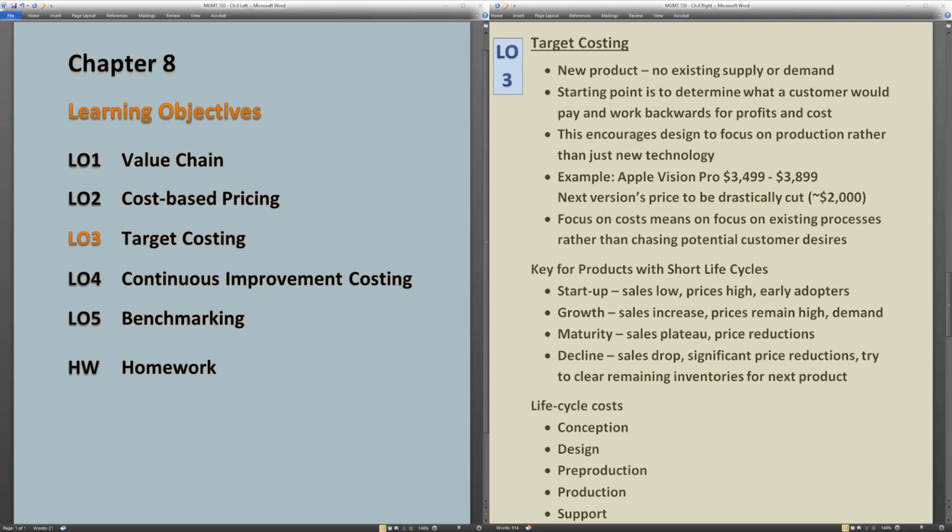Now, a lot of times companies get so enamored of building a product or adding features that they don't realize what the costs are going to be until way down the line, and they still have to launch the product. Target costing sort of encourages you to focus on what your production can do currently rather than just adding new technology.